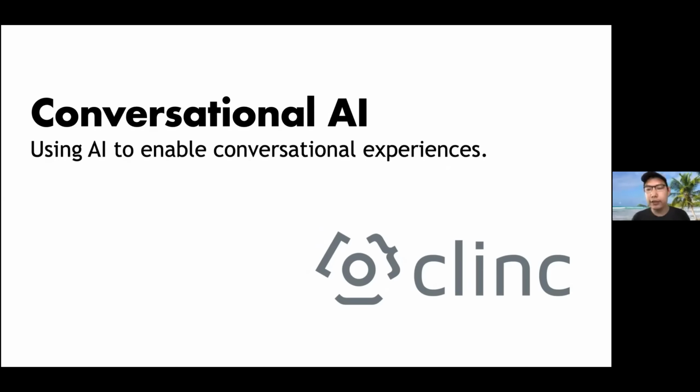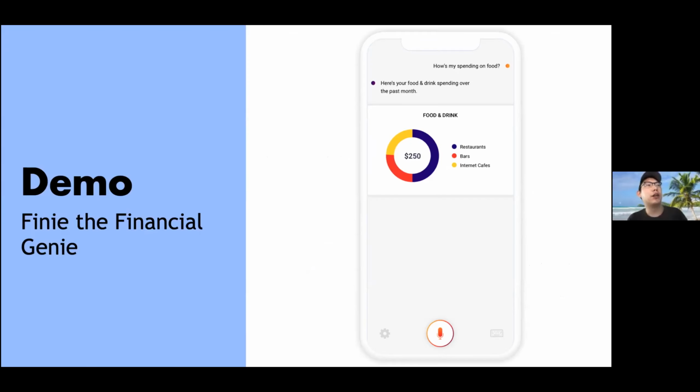So with that, I'll just show you a quick demo. This demo is of one of Clink's products called Finie, the financial genie. It's a kind of chatbot, even though that doesn't fully describe what it is. Basically, it's an intelligent assistant that can help folks with their financial planning and their financial needs.